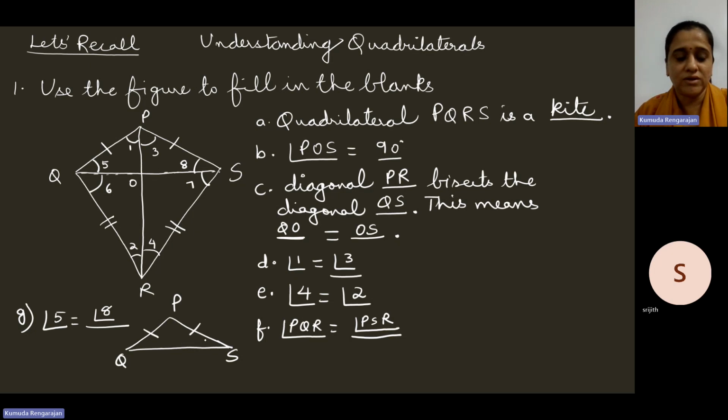So the angle opposite to PQ is this angle S, and the angle opposite to PS is this angle. PQS is an isosceles triangle with PQ equal to PS, correct? So since these two sides are equal, the angles opposite to them are equal.